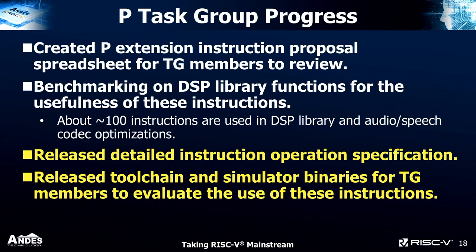We also released the detailed instruction operation specification, including the intrinsic functions. Last month, we released toolchain and simulator binaries for test groups to evaluate the use of these instructions. Anyone interested can use the toolchain to try out different applications they are interested in.